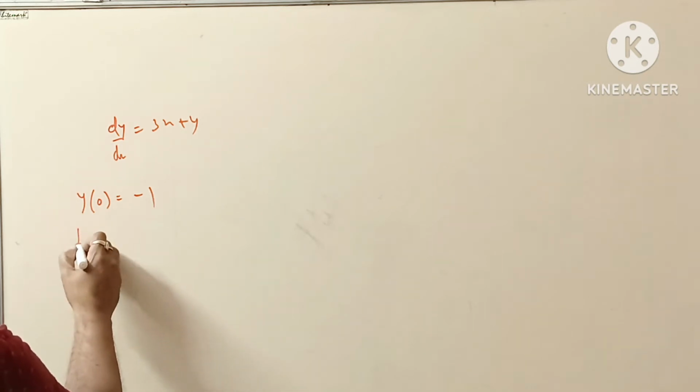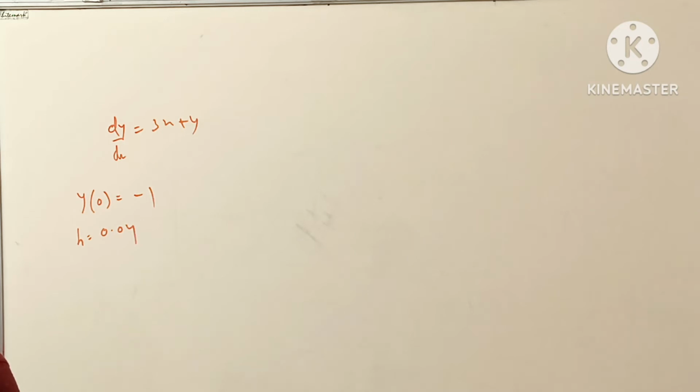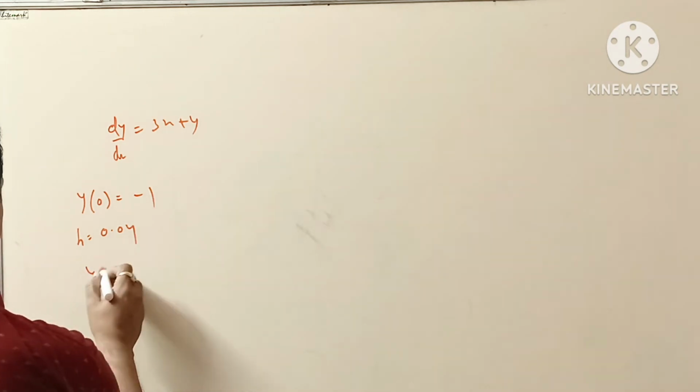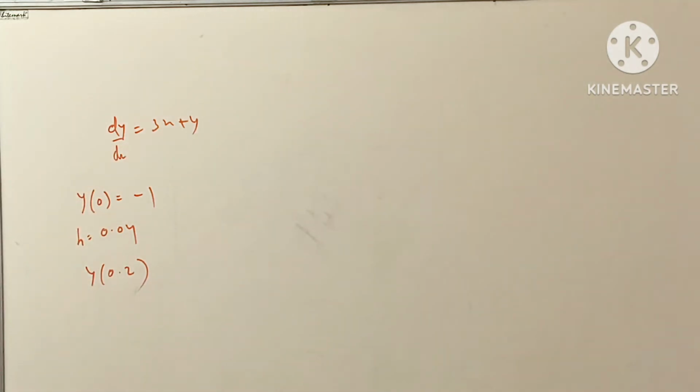We are given the step size, which is 0.04, and we have to find the value of y at 0.2. Okay, these are the basic fundamentals we are given. Now we have to solve it with the help of Euler's method.